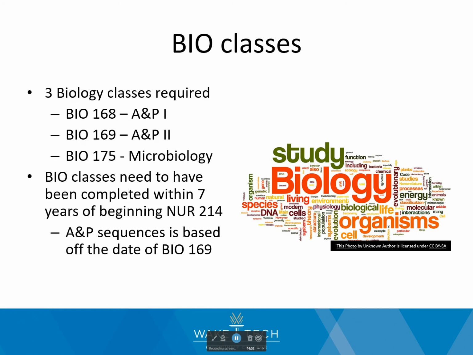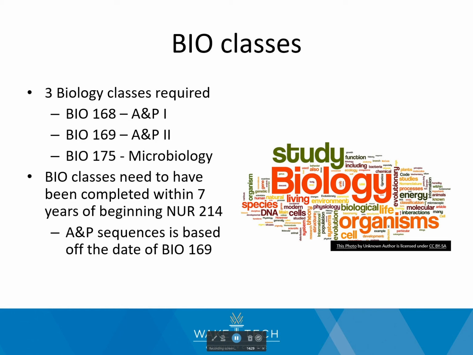Now, for the biology courses, there are 3 of them, right? There's A&P 1, A&P 2, and micro. To receive credit for the nursing program to accept those courses, they have to be completed within 7 years of beginning the Nursing 214 course. We will base the A&P sequence on the second one.